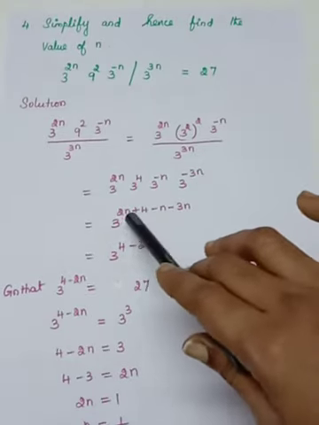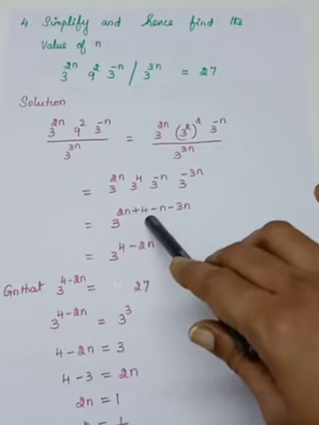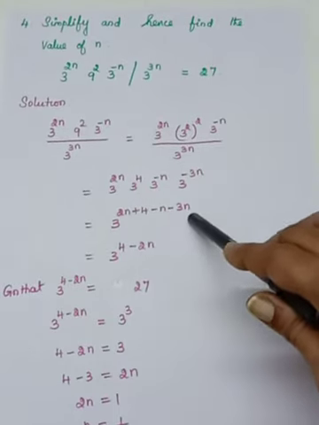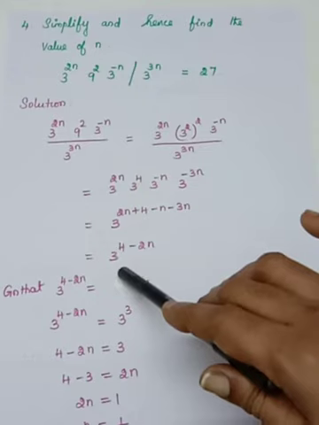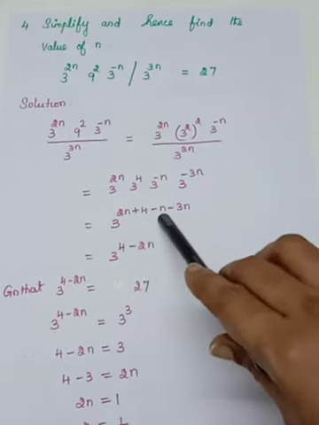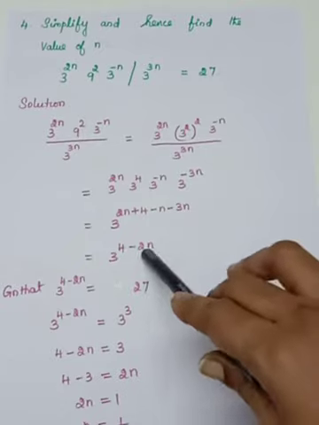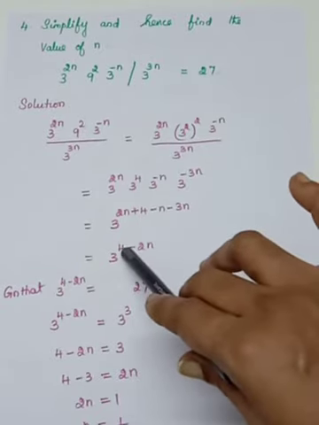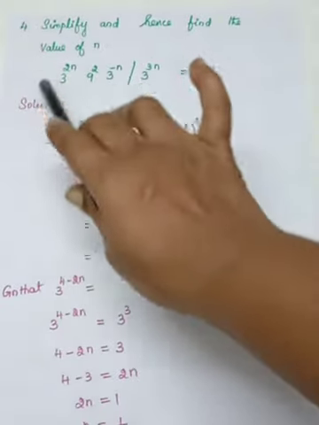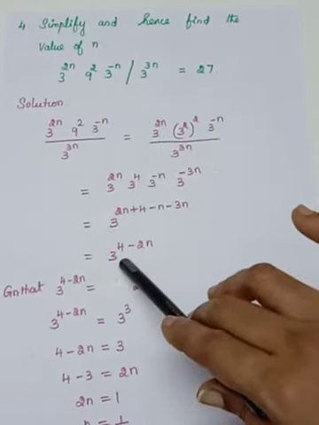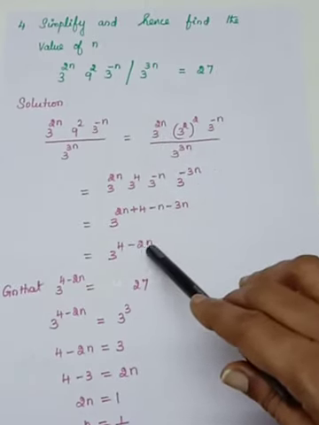So 3 to the power 2n plus 4 minus n minus 3n. Okay, so 3 power 2n minus n, what is it? n minus 3n is minus 2n, plus 4 I have written. So the left hand side answer I have found is 3 to the power 4 minus 2n.